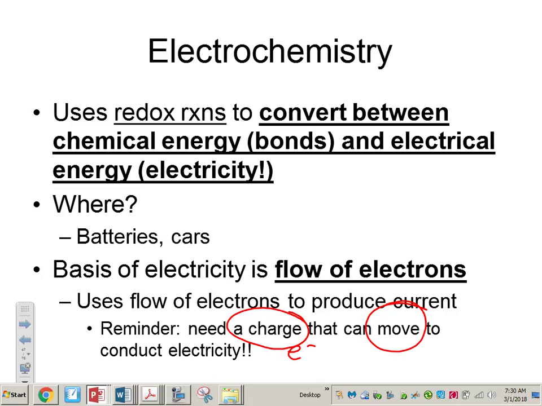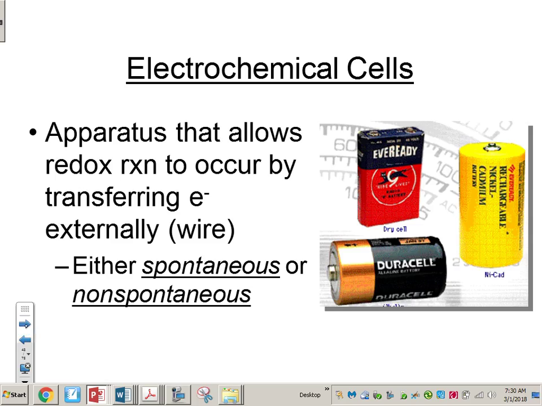What we see with electrochemistry, and not just a redox reaction, is that we have these redox reactions where electrons are transferred from one reactant to the other. An electrochemical cell takes that idea and literally separates out your oxidation from your reduction, and it forces the electrons to move externally.